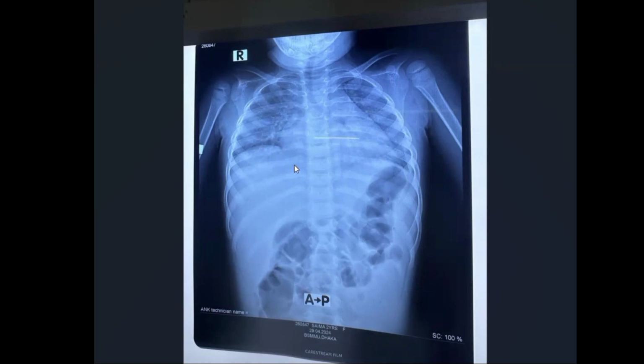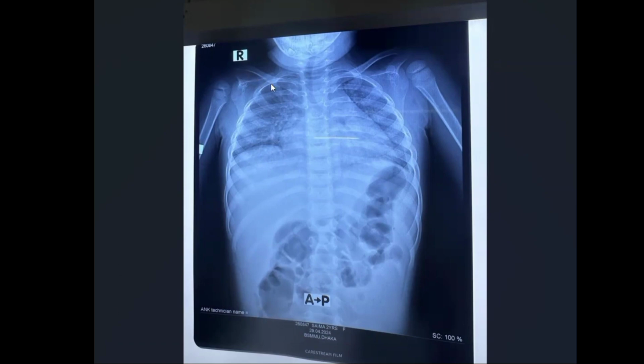We call cardiomegaly when the transverse diameter of the heart crosses more than 60% of the diameter of the total thorax, in case of children, right? And we must comment on cardiomegaly on posterior anterior view, not anterior posterior view. Why is it an AP view?